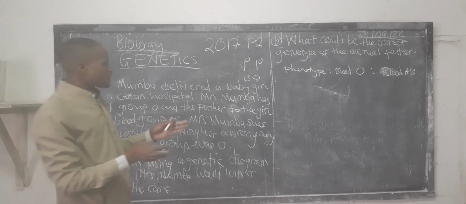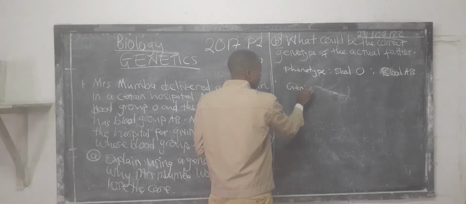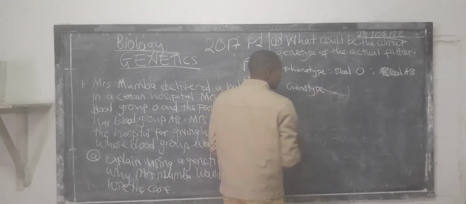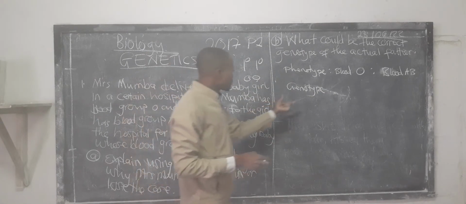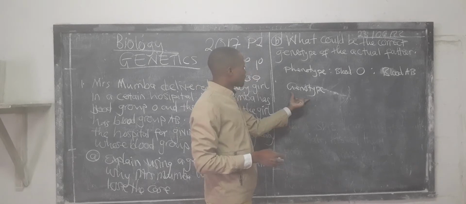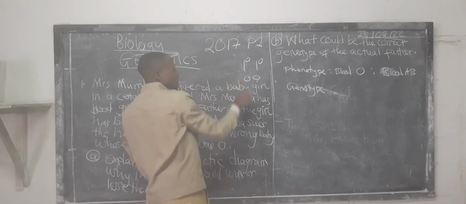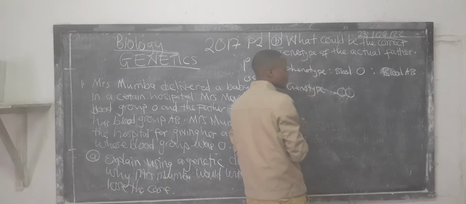Now you write the genotype after the phenotype. Write the genotype of the parents. Genotype is the genetic constitution of an organism. Phenotype is the physical appearance. So the genotype of the mother, the genotype for blood group O, is OO, the one I wrote in the beginning, the genetic constitution.